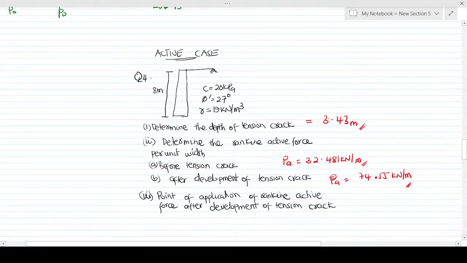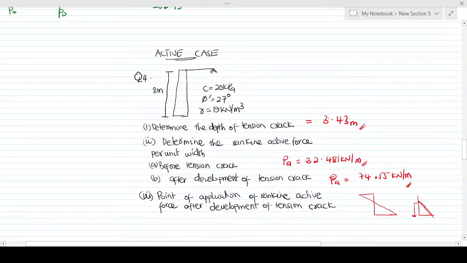We are going to get a triangle after development. You see, this is before tension crack, right? Then after tension crack, it's going to be like this, right? We just need the centroid of this triangle.